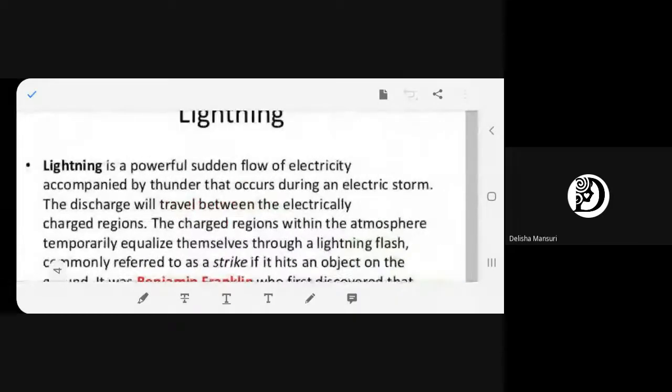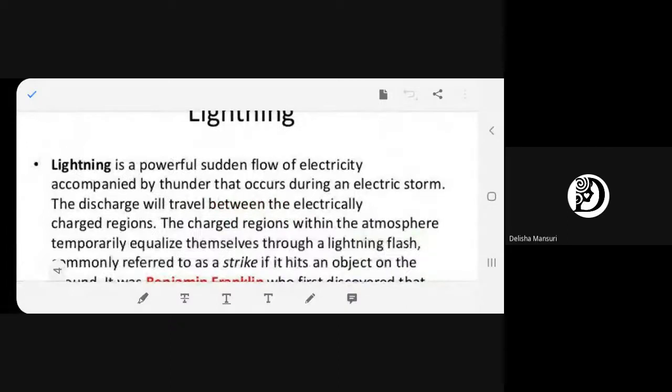Okay. Now, what is lightning? Suddenly, you get a flow of electricity, and along with the flow of electricity, you hear thunder. That means there is a storm which is approaching. Now, what is this? This is a discharge of electrons in the atmosphere, which is making it spark.